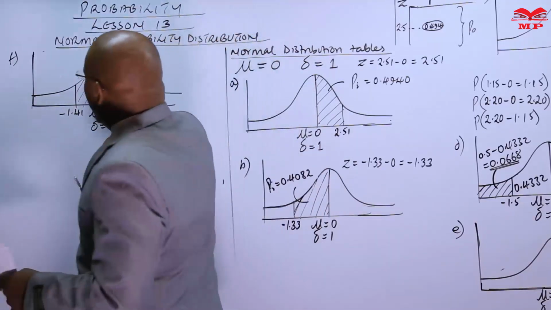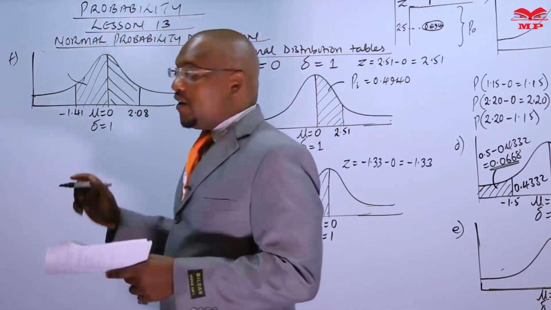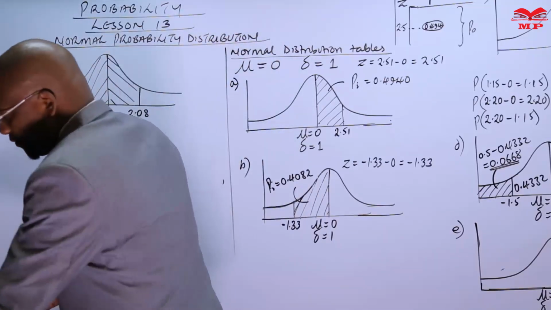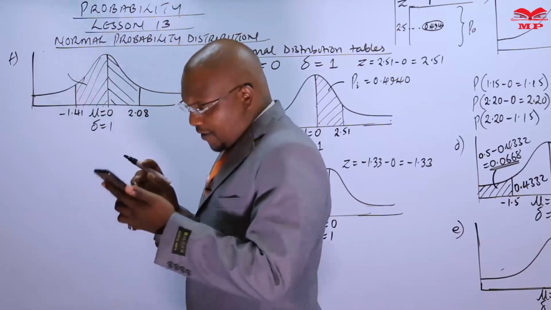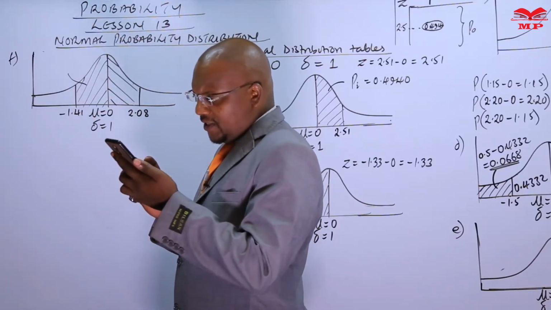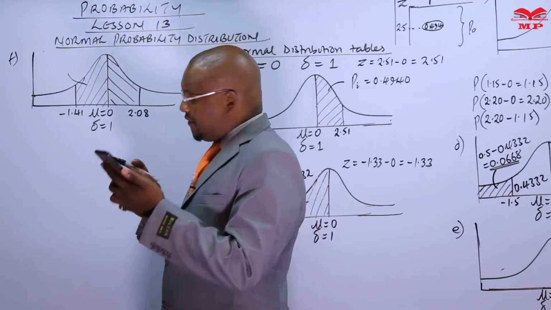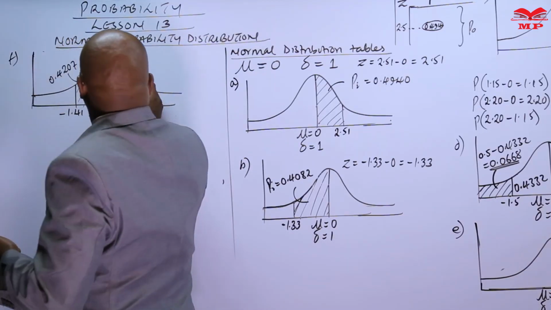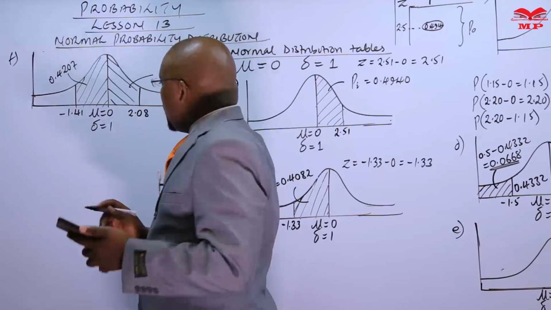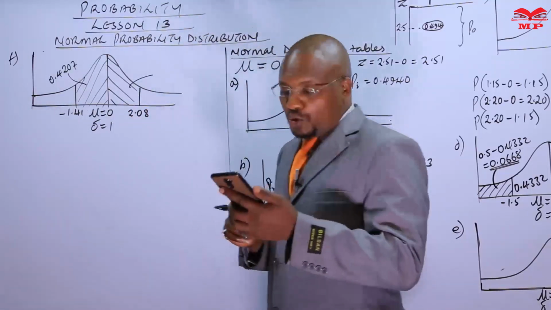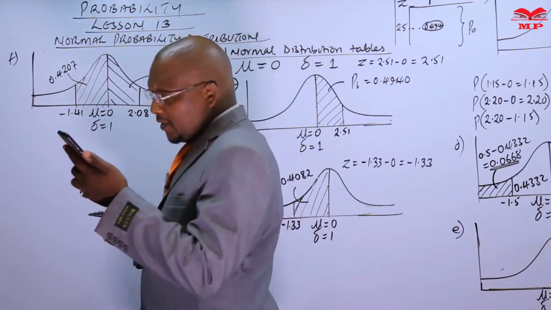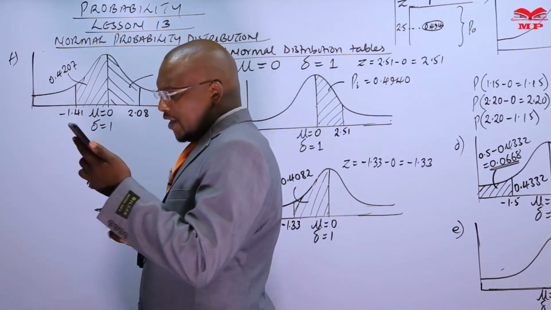So you must get the area first for 1.41. If you read from the table, 0 to 1.41 is actually 0.4207, while 0 to 2.08 is giving us 0.4812.